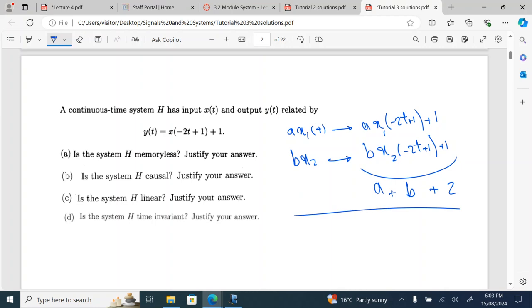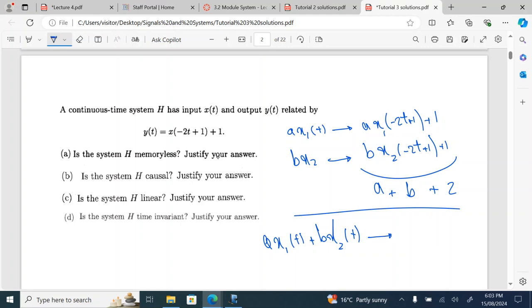Now, if I send ax1 t plus bx2 t to the system, all it changed is time and then adds 1 to the whole input.